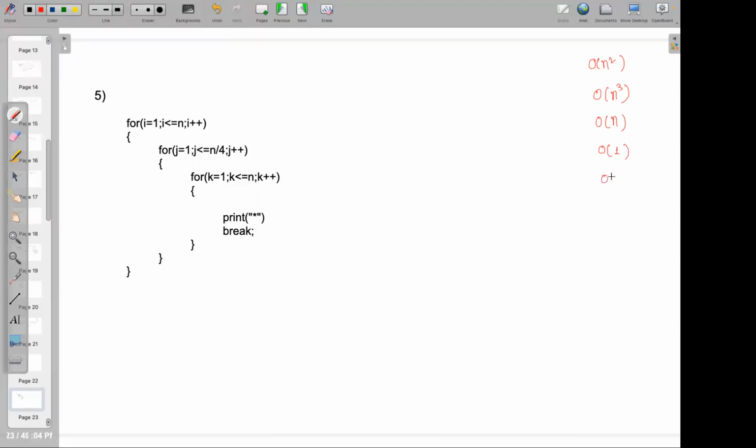Order of n power 3 by 4. Okay, n cube I have already written.